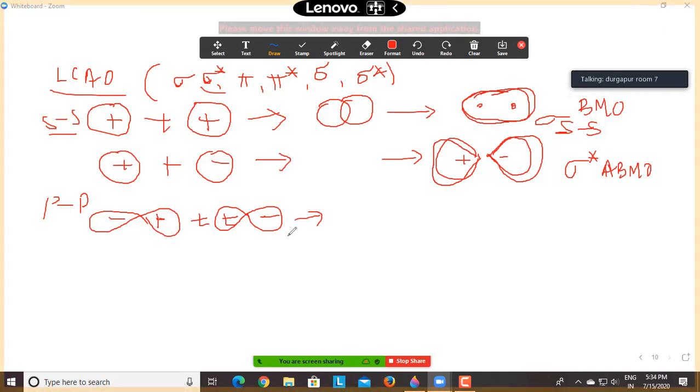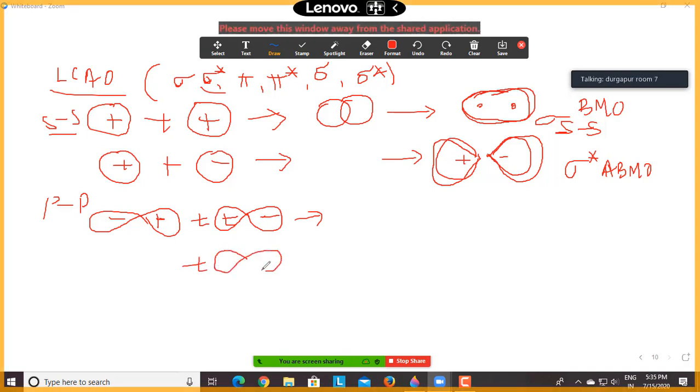Okay, they are overlapping. So this is also possible. This side is minus, that side is plus. So after overlapping, how do they look?